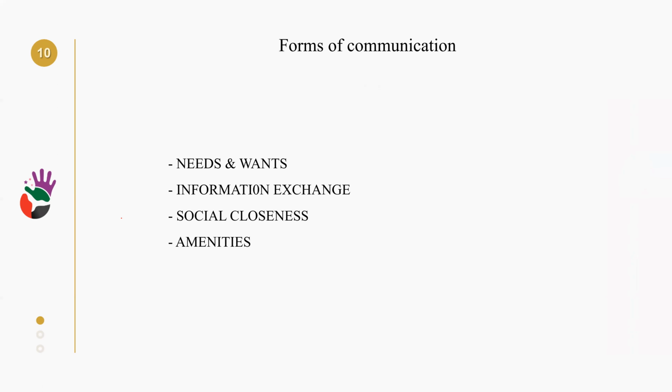When we talk about forms of communication, we need to focus on needs and wants for the person, information exchange, social closeness, and maintenance. This is the main thing we want to focus on when we are looking at the forms of communication.